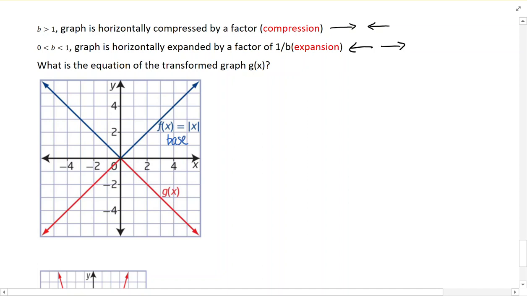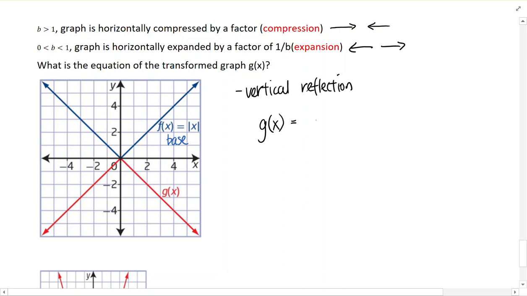In this particular case, you can see that it looks like it has flipped or reflected vertically. Since what we looked at was a vertical reflection, let's write that down. So our g of x is what it becomes, our transformed one.